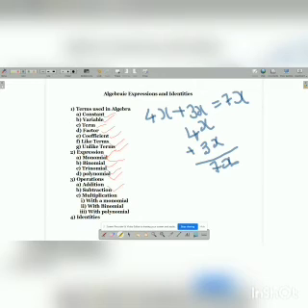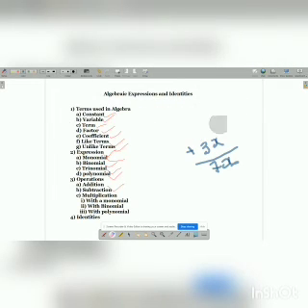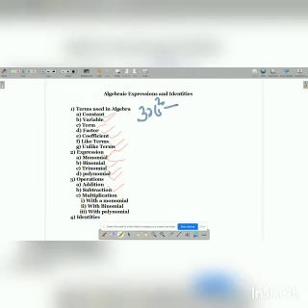Let us take one more example to solve the addition. For example, if I take 3x square plus 2x plus 5, this is one expression.